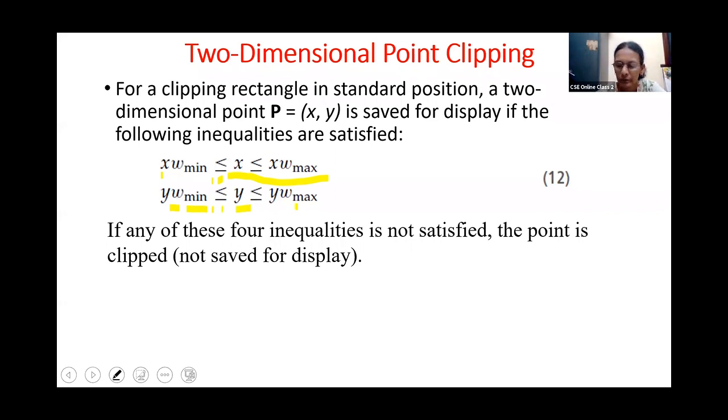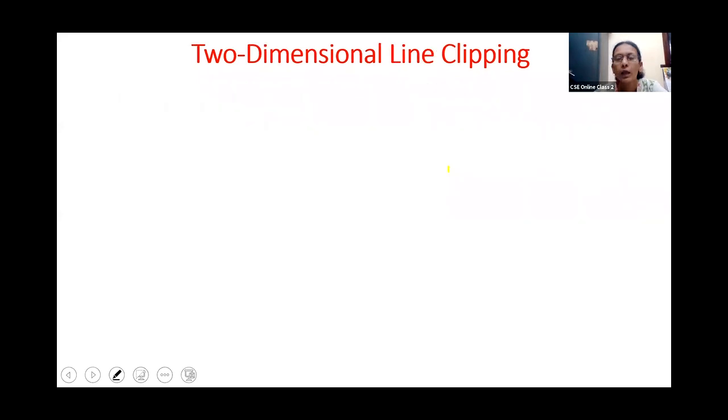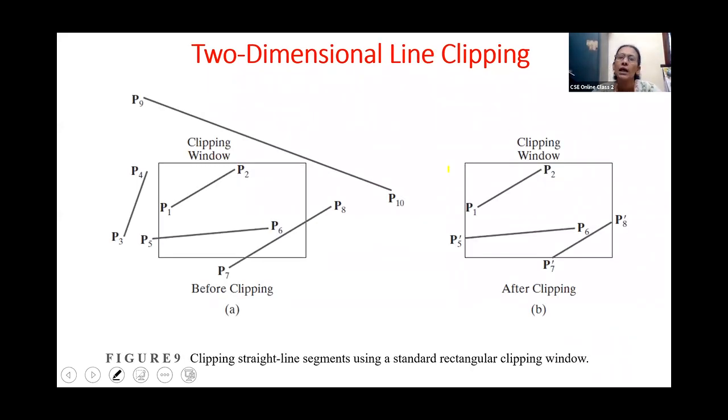Next, we were seeing what is two-dimensional line clipping, like if the line P1, P2 is to be clipped, how it looks. If both the endpoints are inside the window, the entire line will be seen. If the entire line is outside the window, then nothing will be visible.